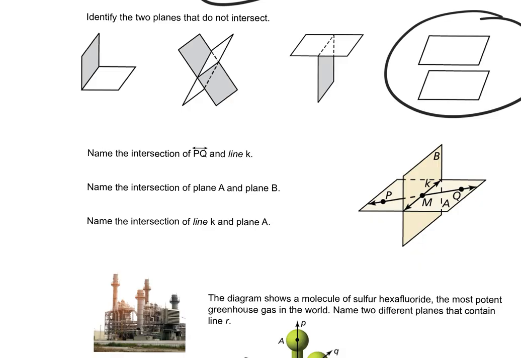There is no lowercase letter out to the side. Sometimes we use points on the line to name it. Sometimes we use a lowercase letter out kind of to the side or by that line. This one is my lowercase letter. K is not a point. K is just a lowercase letter used to name that line. So those are my 2 lines, okay?